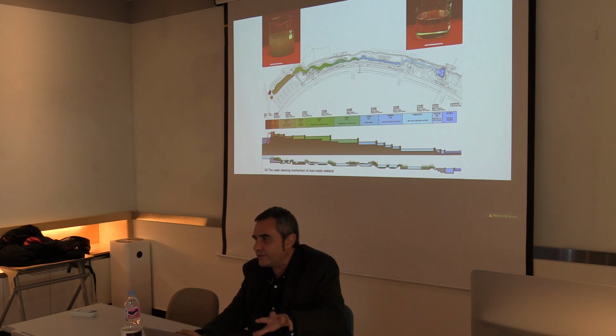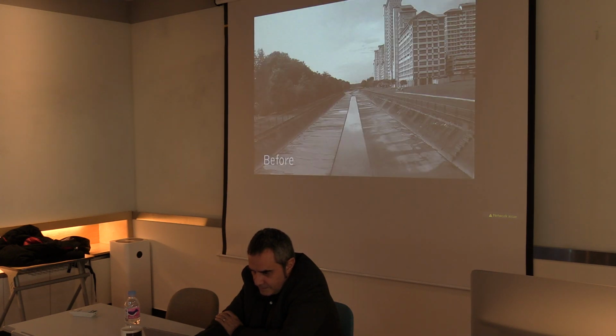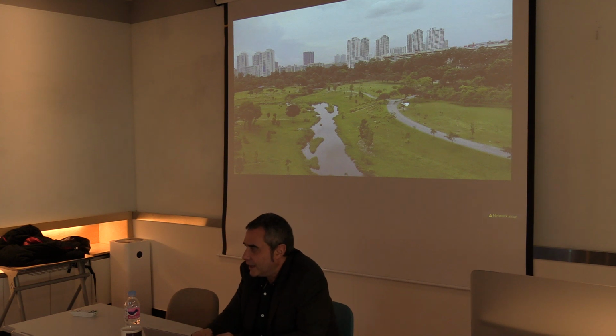So these kinds of systems, and this is the Bishan. This is the picture that should have been next to this. So this was before, and this is now. So this is the way maybe cities would treat water in the future.